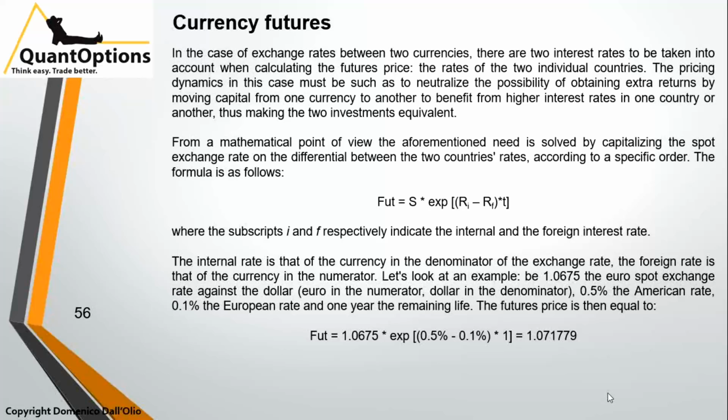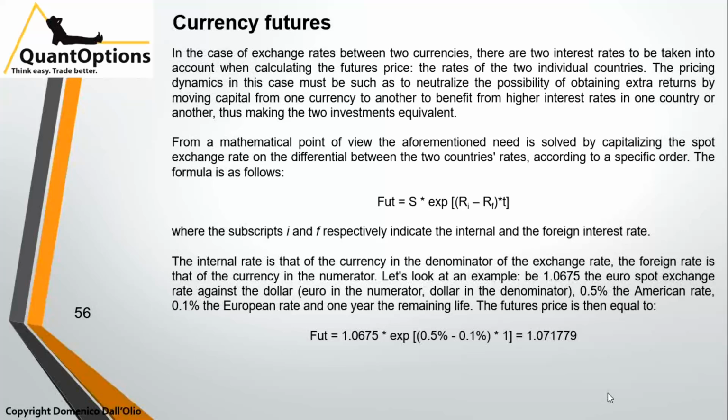The pricing dynamics in this case must be such as to neutralize the possibility of obtaining extra returns by moving capital from one currency to another to benefit from higher interest rates in one country or another, thus making the two investments equivalent. From a mathematical point of view, the aforementioned need is solved by capitalizing the spot exchange rate on the differential between the two countries' rates, according to a specific order.